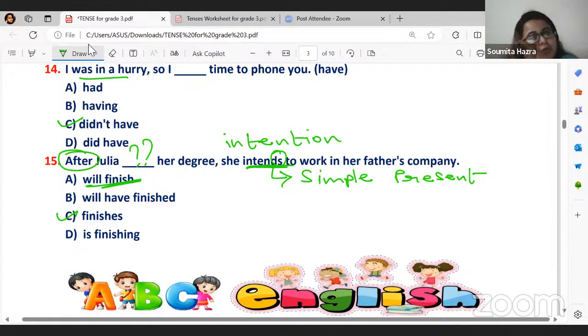Either I can use future tense, I will visit Shimla in December, or I can also say, I am visiting Shimla in December. Similarly, this is also part of a plan. So after Julia finishes her degree, she intends to work in her father's company. Okay. I hope I'm clear.